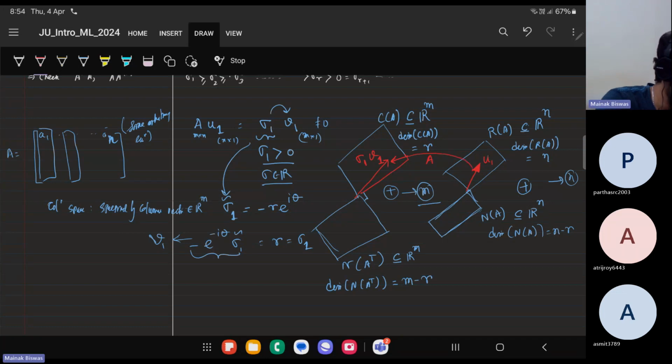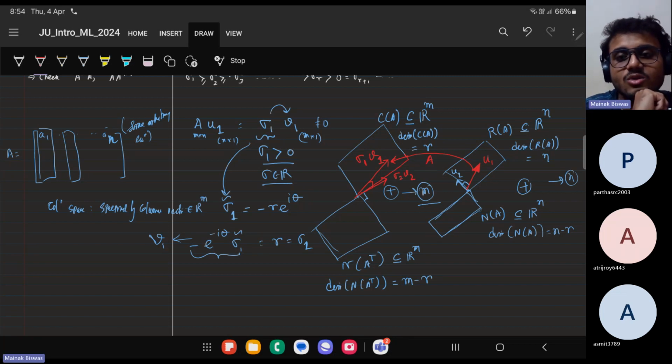Similarly, we'll show it if you are interested. There is a possibility that if we take U2 to be perpendicular to U1, such that even in this plane it remains perpendicular, then this is a correct way of doing it.